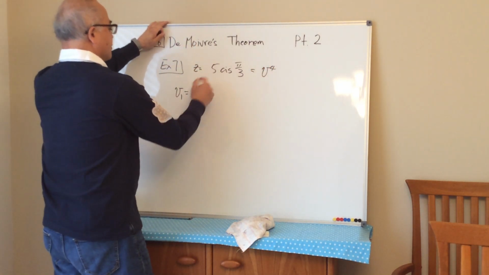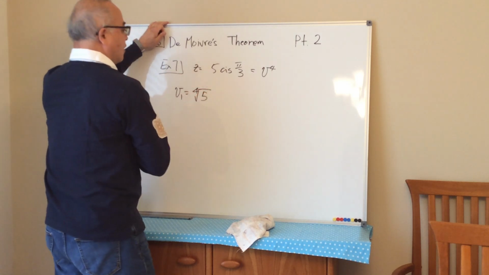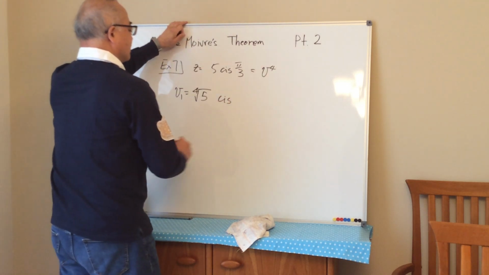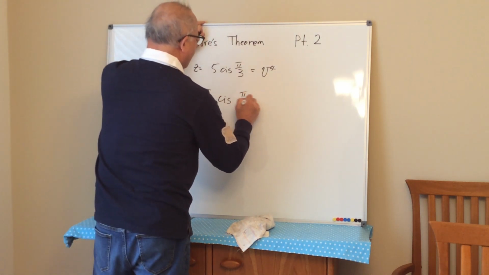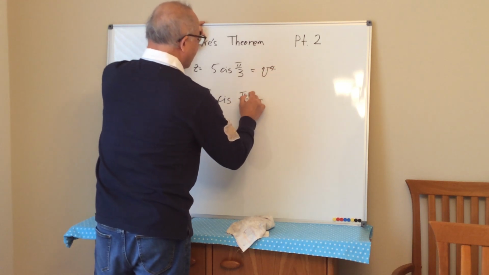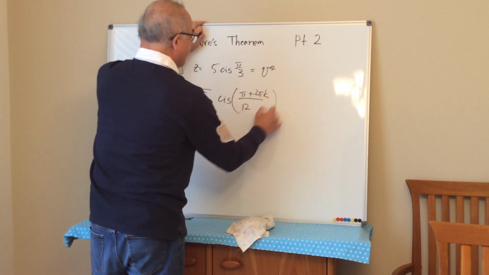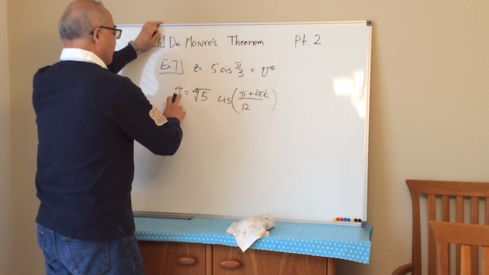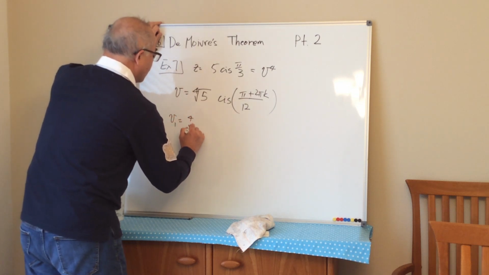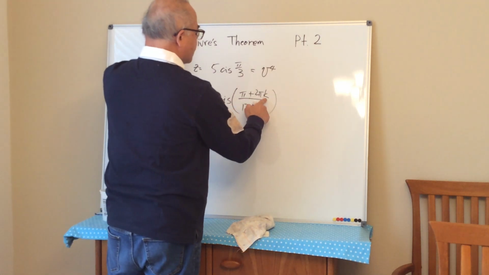So we're going backwards. This will be the fourth root of 5 CIS, and we take pi over 3 and divide that by 4, which gives 12, plus 2 pi k. The first one, V1, is 5 CIS with k equal to 0.